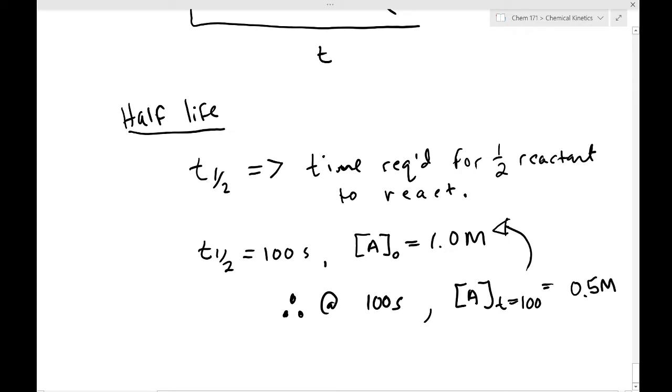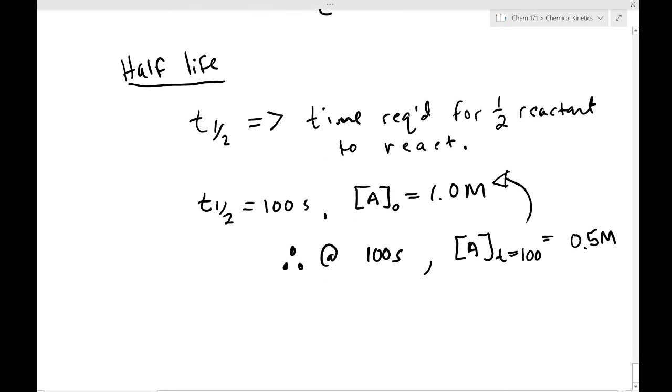That's all the half-life really means, and as you'll see in just a little bit, it's a very interesting and useful thing to talk about.